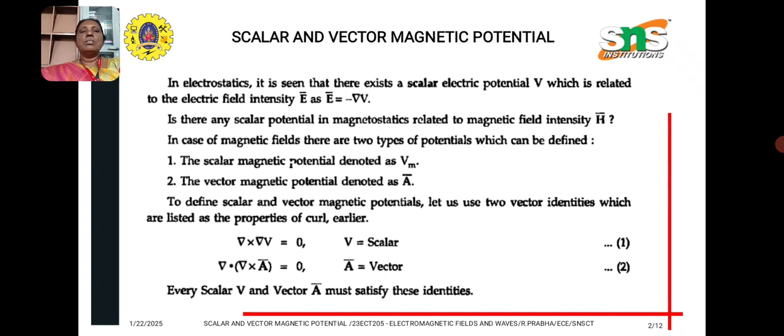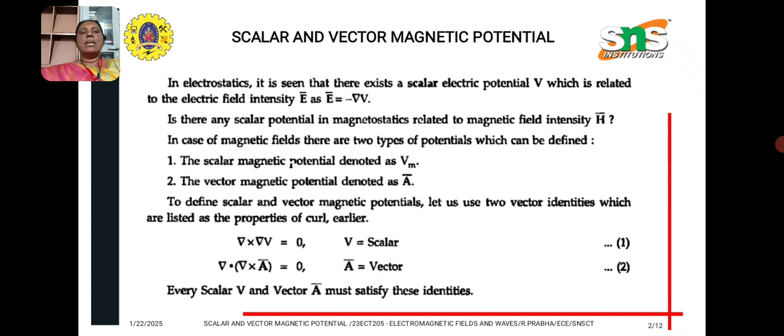So the scalar and vector magnetic potentials are defined with two vector identities, and they are obtained from the properties of curl as del cross del V is equal to 0. Here V is the scalar potential, and del dot del cross A is equal to 0. Here A is the vector.